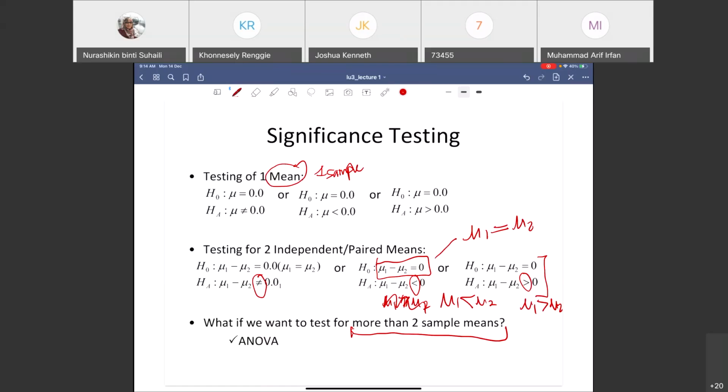Let's say, for example, in an experiment you are comparing between species A and B, right? And for species A, you have certain values, certain data. And species B, you also have certain values or data.